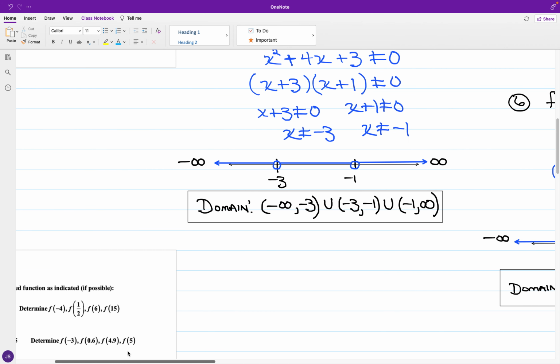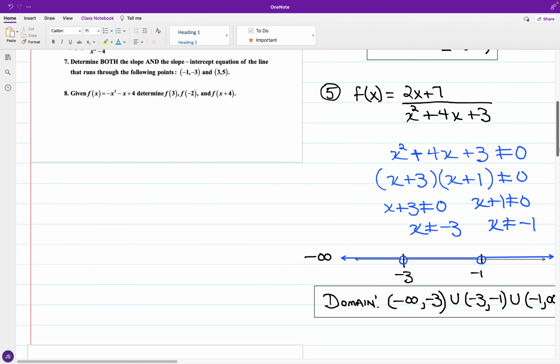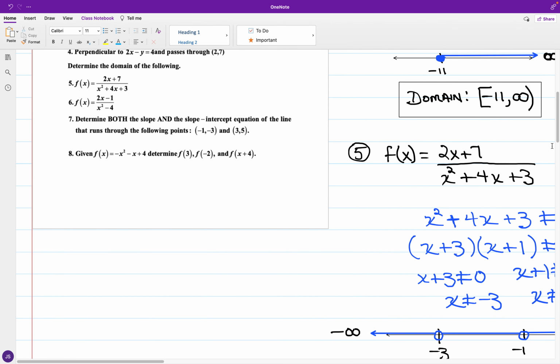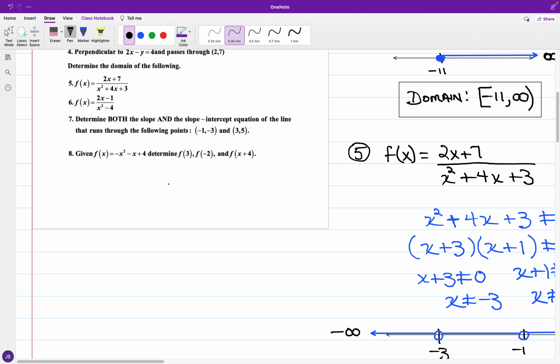Now, going back to the slope-intercept equation. With number 7, we're going back to not just the slope-intercept equation, but a prelude to this. Instead of having the slope available right away, we have 2 points given through which the line is going to pass, and we have to find out what the slope is going to be, as well as what components will enable us to get to the slope-intercept equation.